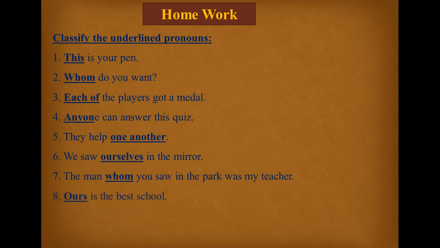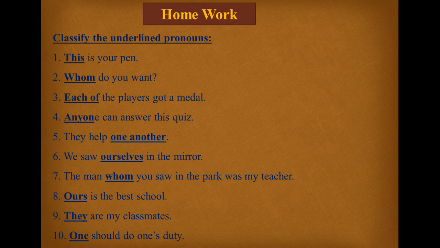Number 8, ours is the best school. Here underlined word is ours. Number 9, they are my classmates. Underlined word is they. And then number 10, the last sentence, is one should do one's duty. The underlined word is one.